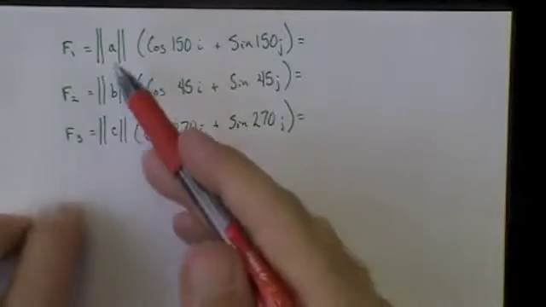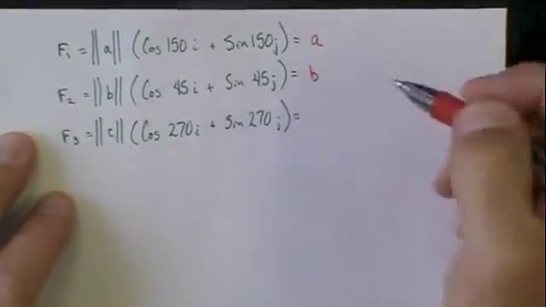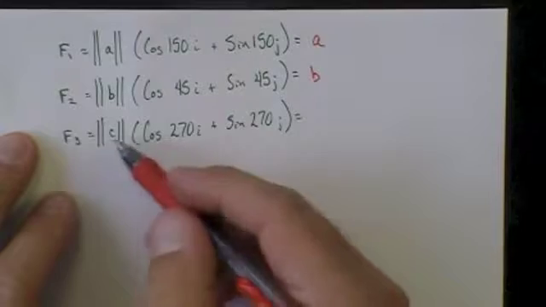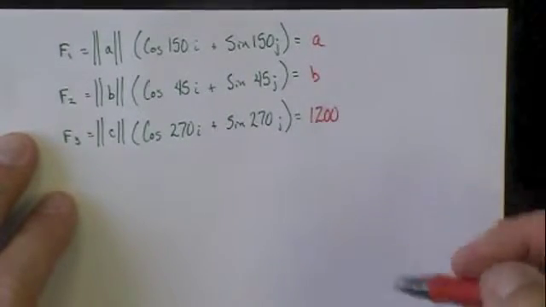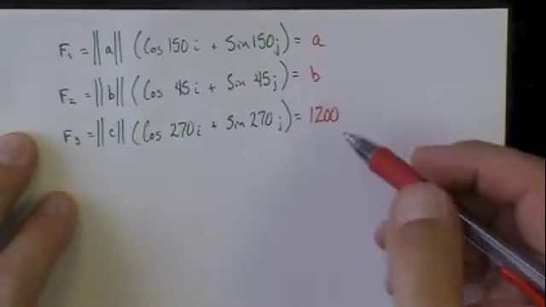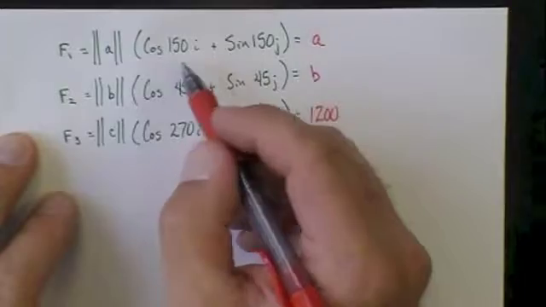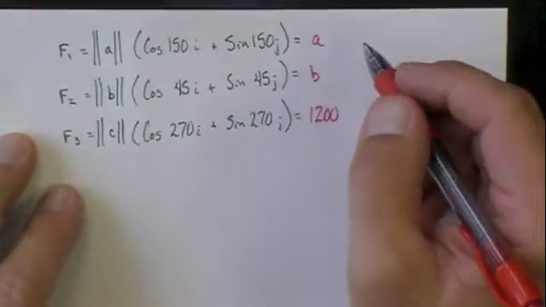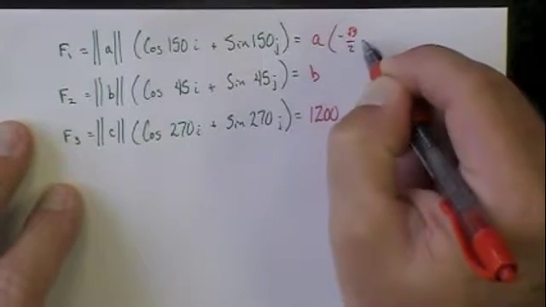Okay, so from here, we do not know what the values of A or B are for the magnitudes of those two vectors. C, we do know that we have 1,200 pounds of pressure pulling there. So that's our force that we're looking at. Now we can find the angles here. Cosine of 150 is negative square root of 3 over 2, and that is our i component.